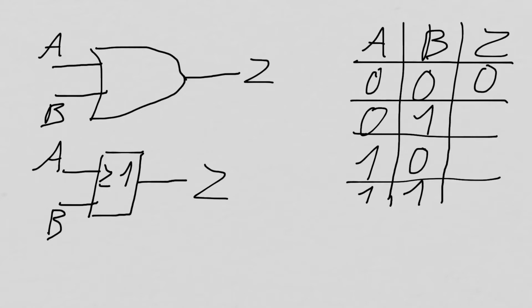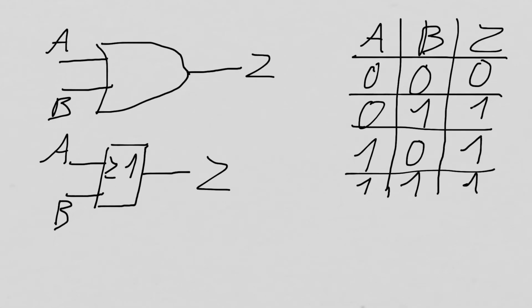But now only B is enough to make the output true with the OR gate. So this is true, and this as well, because both is more than enough right now. Okay, so that's how an OR gate works.